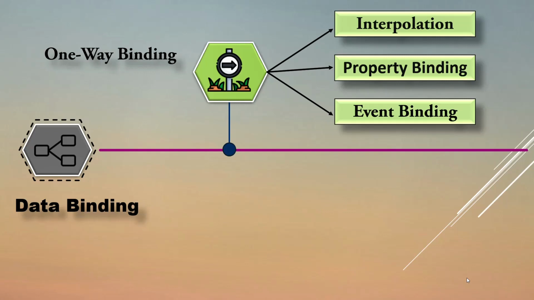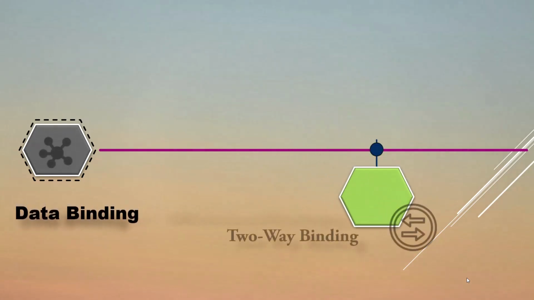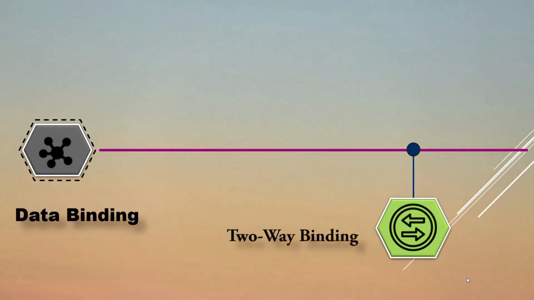So in one way we have three types, three different ways we can communicate using one-way binding. And then we have two-way data binding. It will be from HTML to TS and from TS to HTML, so we can communicate either way. That's why it is called two-way data binding.